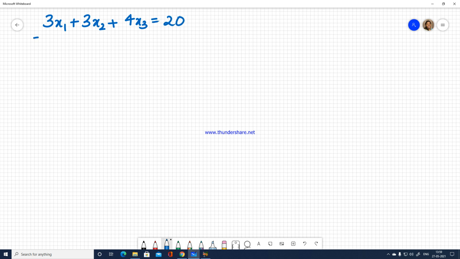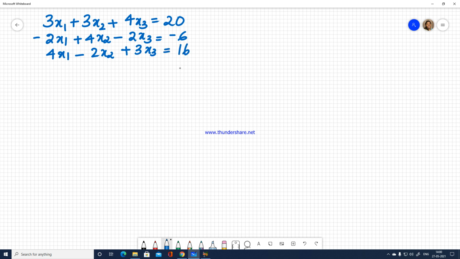The other expression is minus 2x1 plus 4x2 minus 2x3 equals minus 6. Likewise, 4x1 minus 2x2 plus 3x3 is equal to 16. So this is the expression.